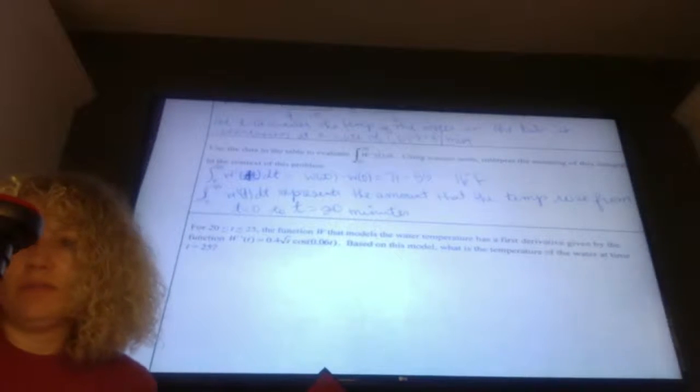Okay, so from 20 to 25, the function w that models the water temperature has a first derivative given by the function w prime of t equals 0.4 square root of t cosine 0.06 t. Based on this model, what's the temperature of the water at time equals 25?